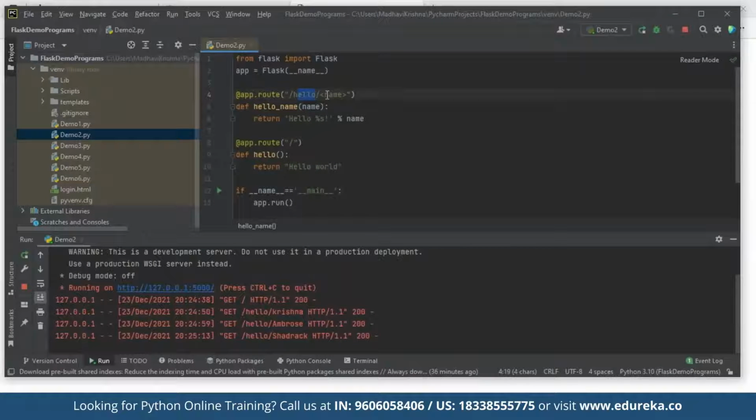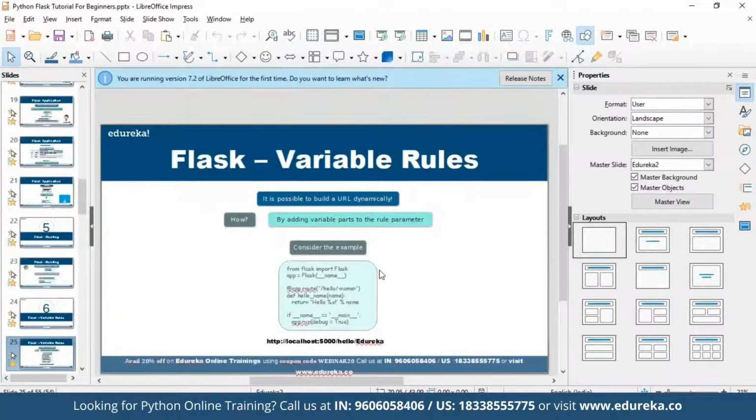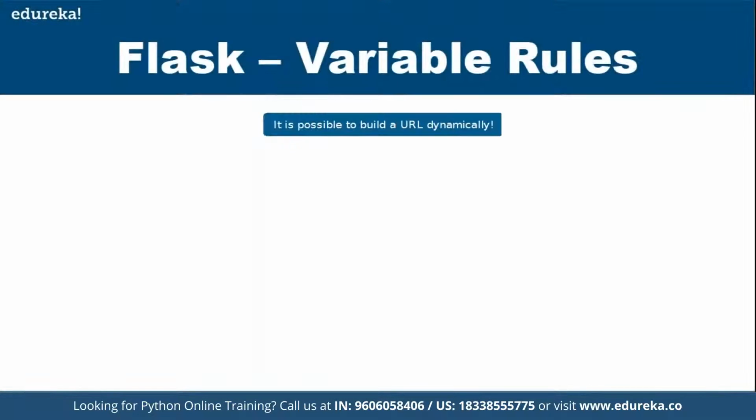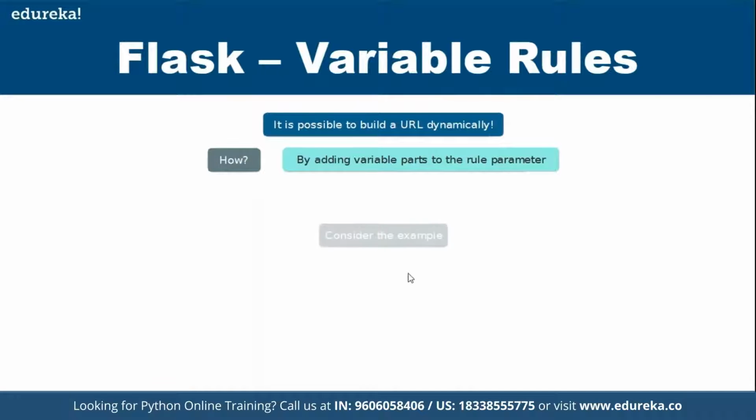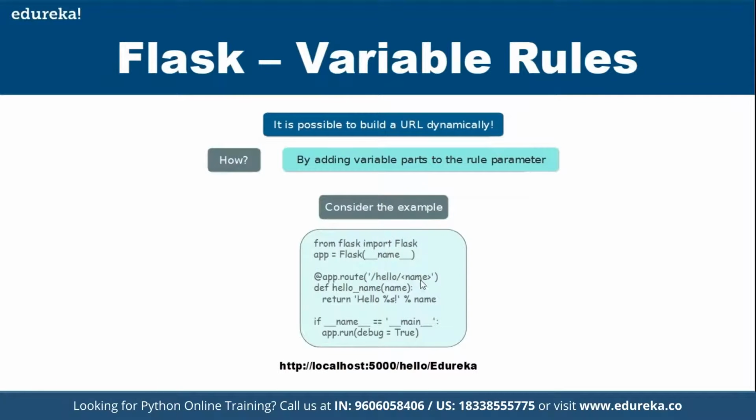How it knows this is the name to take is that I already told it here, /hello, and you put it in less than, greater than. That's it, and you can take that name as a parameter. Pretty simple, right? You don't need to do much around there. That's what we call variables. You can make your code dynamic. That's how you make the URL dynamic: based on whatever you give, we'll send the message back to you.